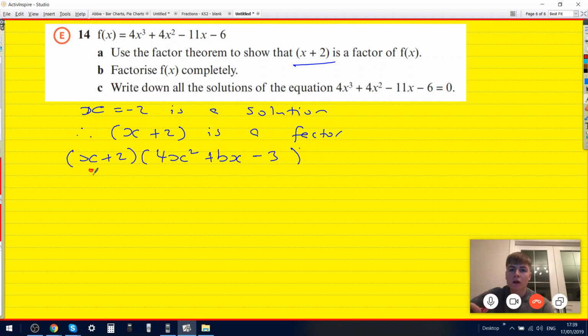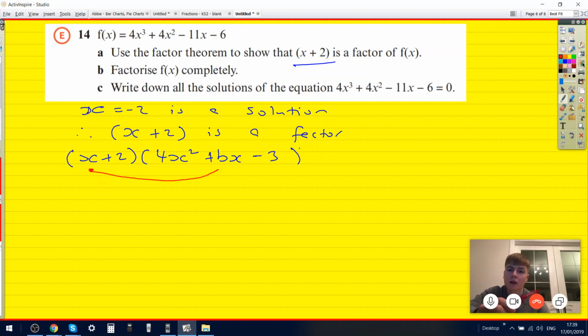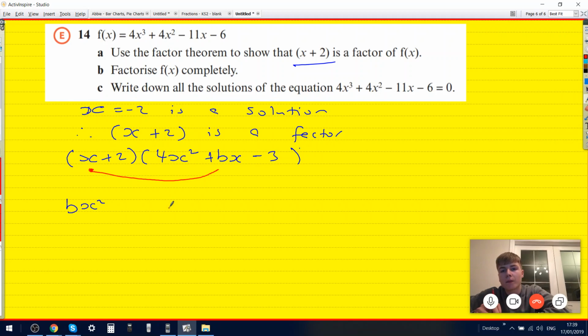Here's the x times the bx, you get bx squared. Anywhere else? The x times the 4x squared gives you 4x cubed, so that's not it. Then there's the 4x squared times the 2, so 8x squared.